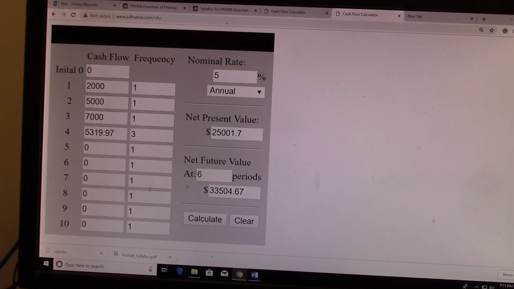Let's see. It's getting closer and closer. All right, it's pretty close, close enough. Just don't want to give it up yet.